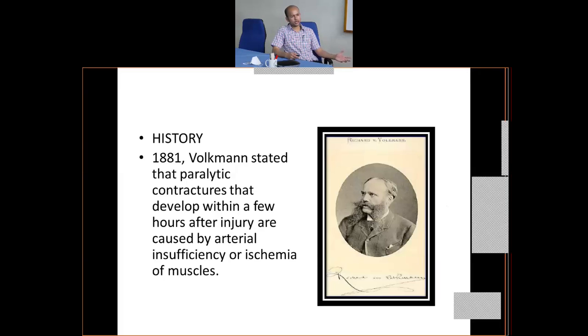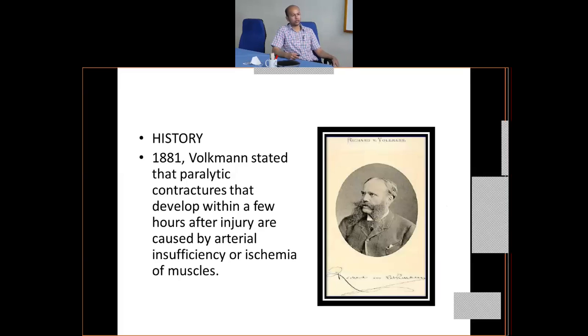And once the muscle dies, there will be release of lysosomal enzymes as well as many cytokines, which will eventually lead to an inflammatory response in that area, which also exaggerates the compartment syndrome and increases the pressure in the compartment.